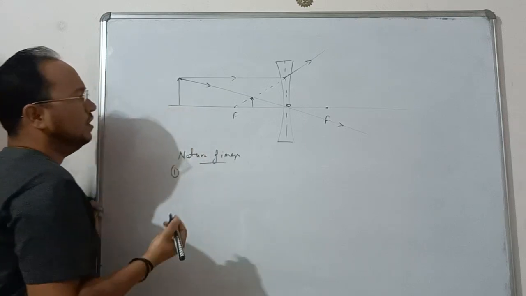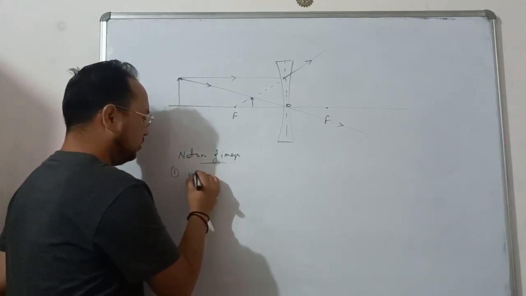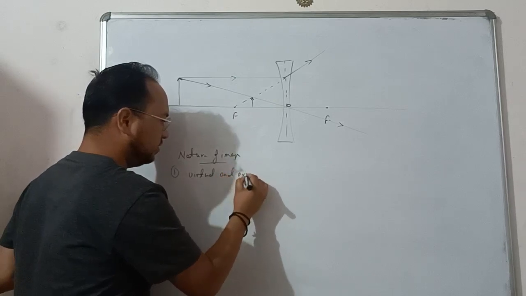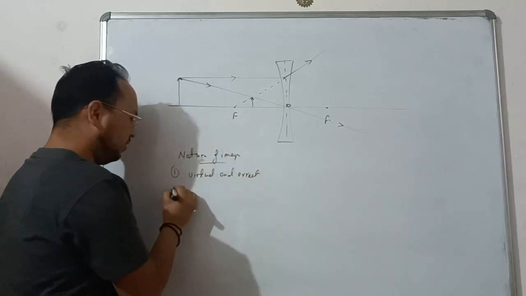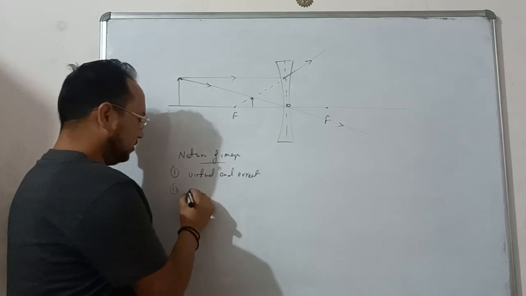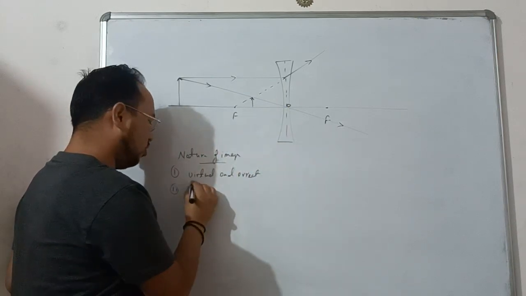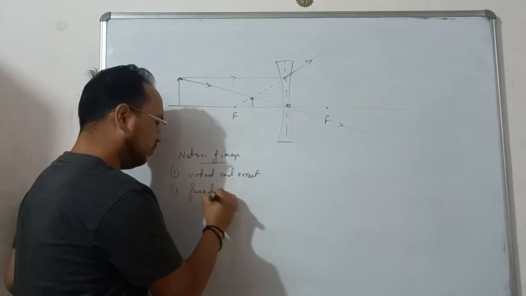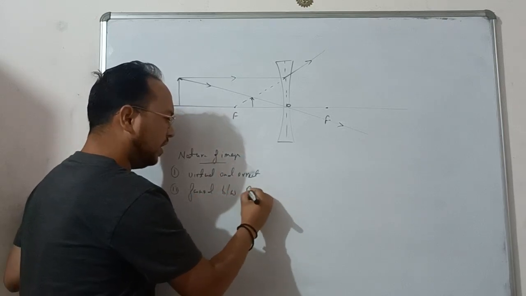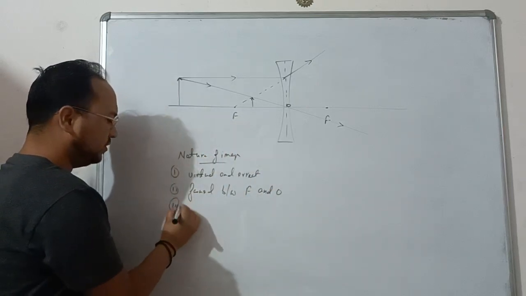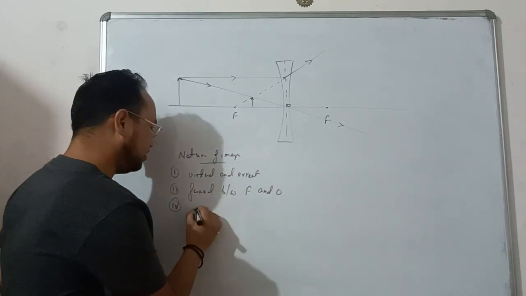First one is virtual and erect. Second, formed कहाँ पे हो रही है? It is formed between F and O. And last one is size. The size is diminished.